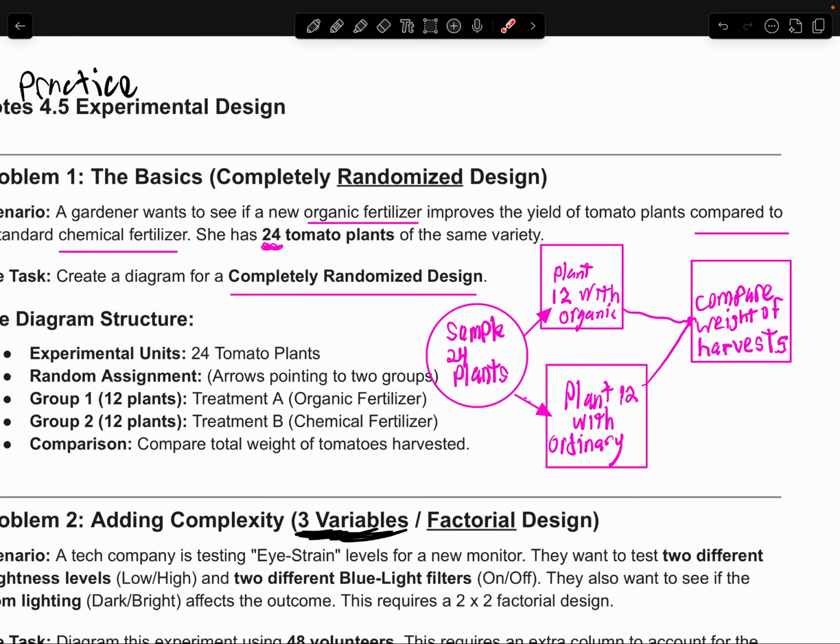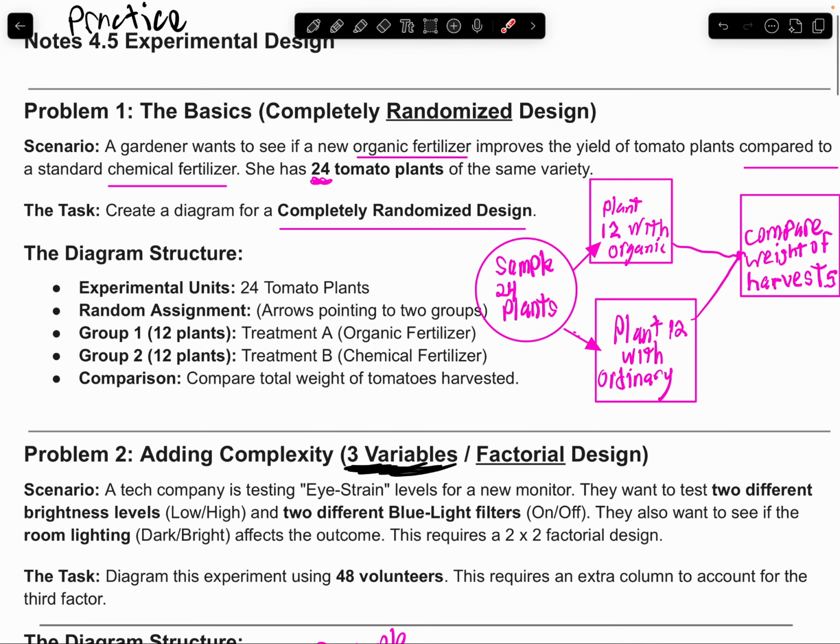So this is a completely randomized design. We randomly chose the 24 plants from all tomato plants we had, and we randomly decided 12 of those would be organic, and the other 12 would be ordinary fertilizer. Okay, so we can compare.